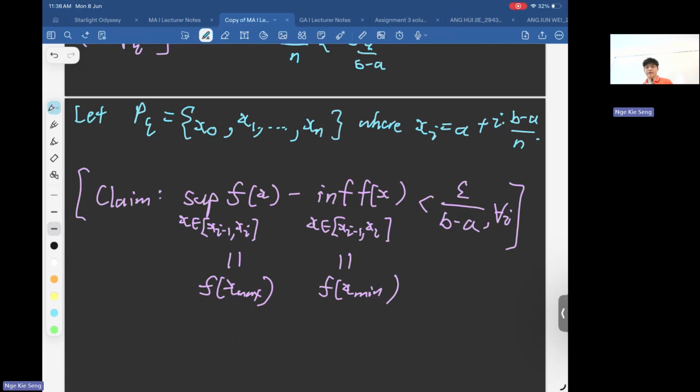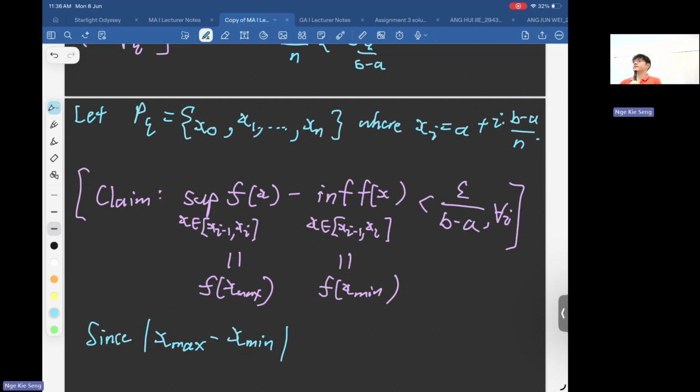Do you remember the distance between this x max and x min? These two come from the same interval, x_{i-1} to x_i.